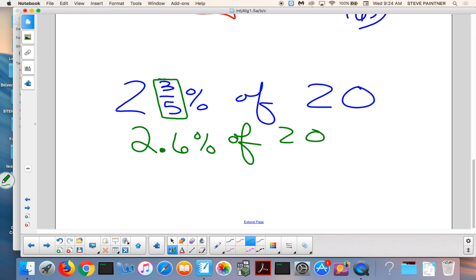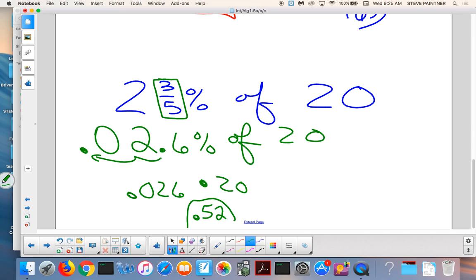Now, I bet you're thinking, oh, now it's easy. What do you do with your percentage? Move it over 2. So you guys, it should be 0.026 times what? 20. You should get this.